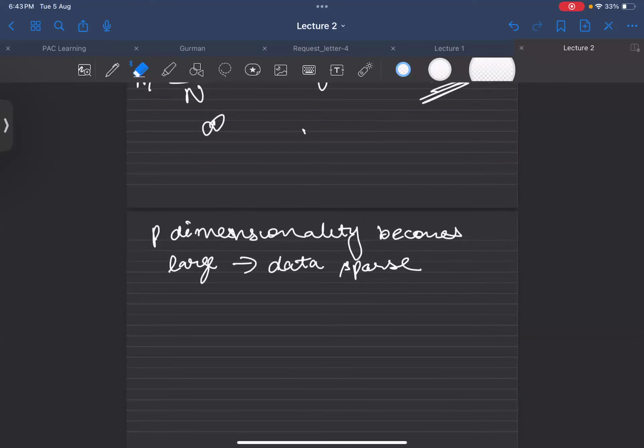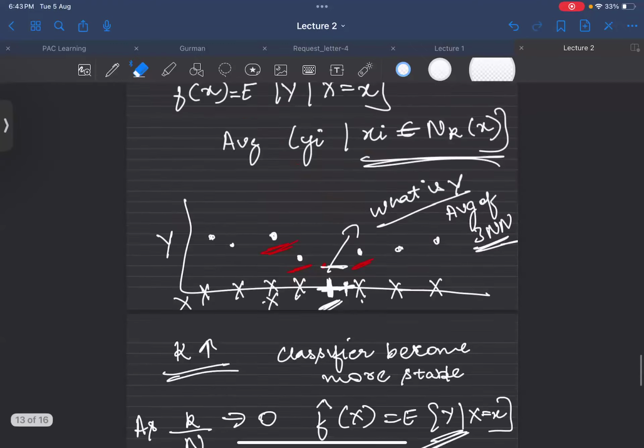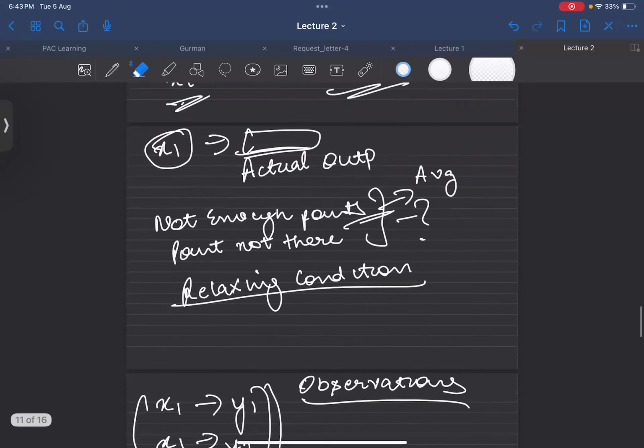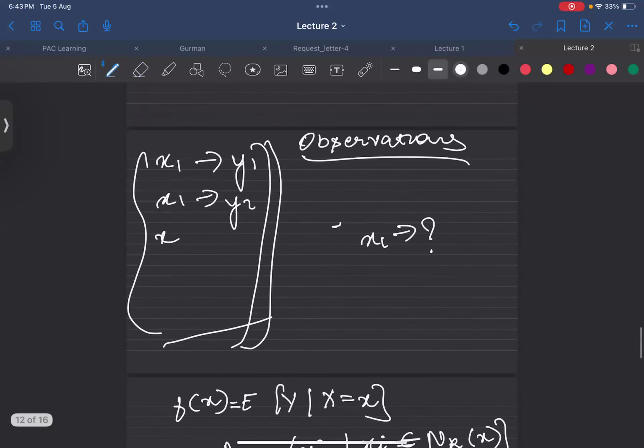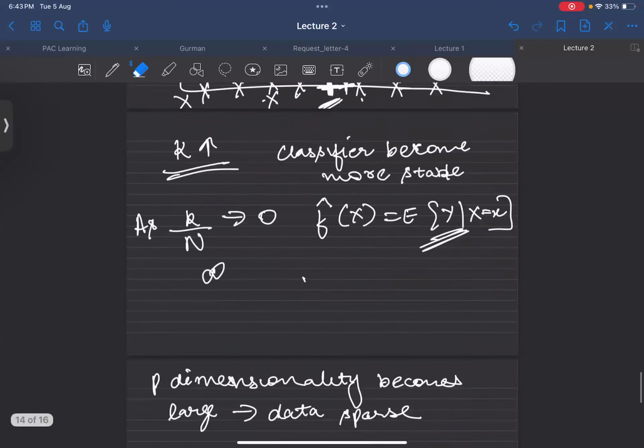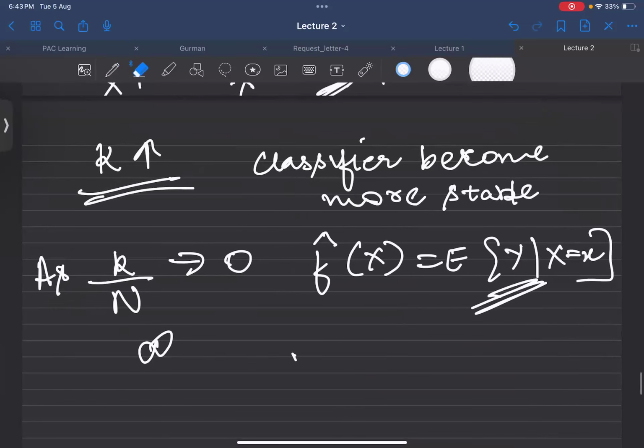Ma'am, can you please explain that output function again? The one that we just wrote? Yes. Here, x is given, then what is y?